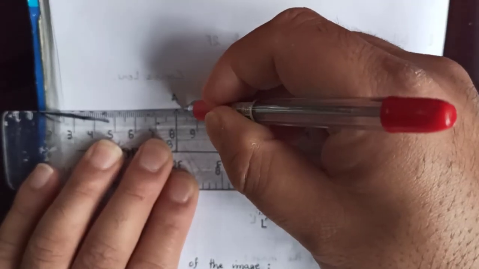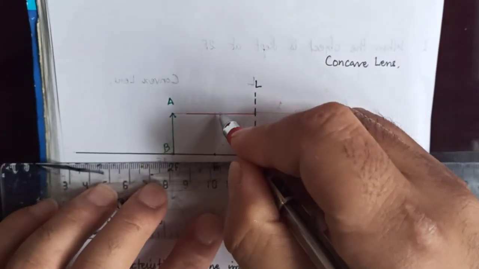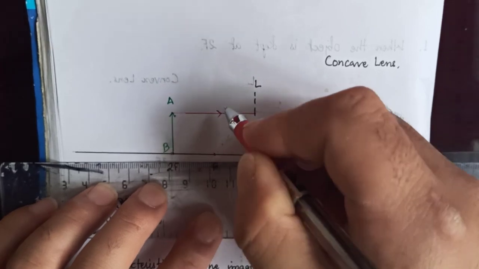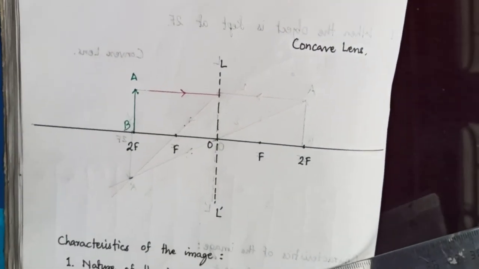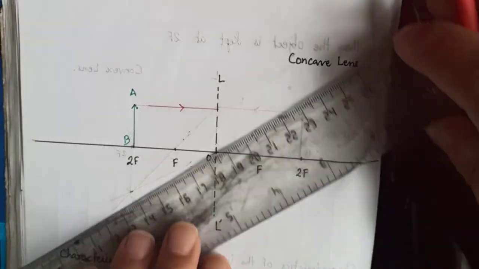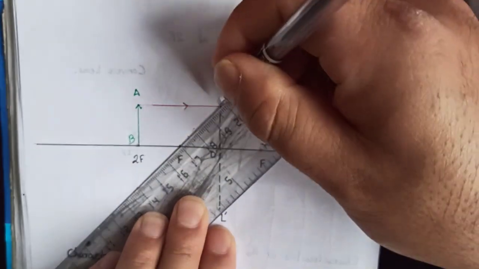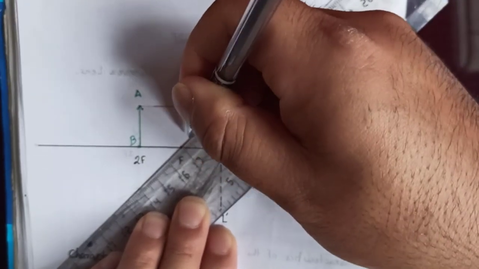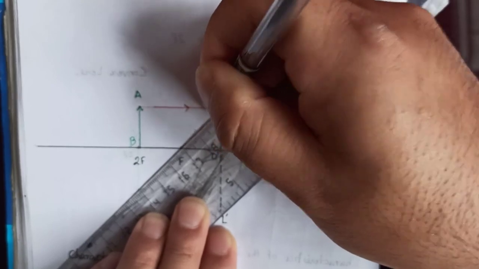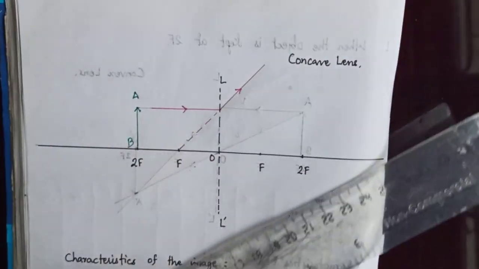We draw this line, first convenient ray parallel to the principal axis. This ray, after refraction from the concave lens, as a concave lens is a diverging lens, diverges like this, as if it diverges from the focus of the concave lens. It diverges like this.